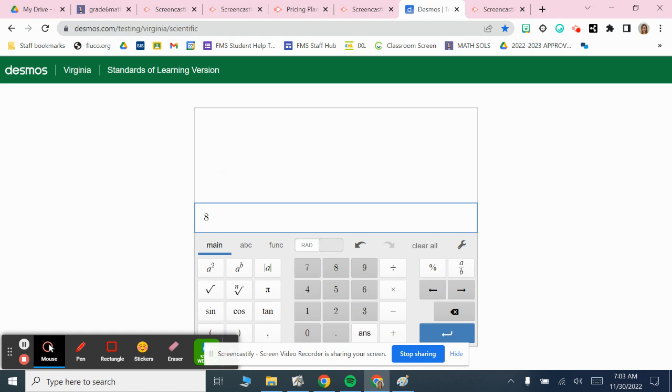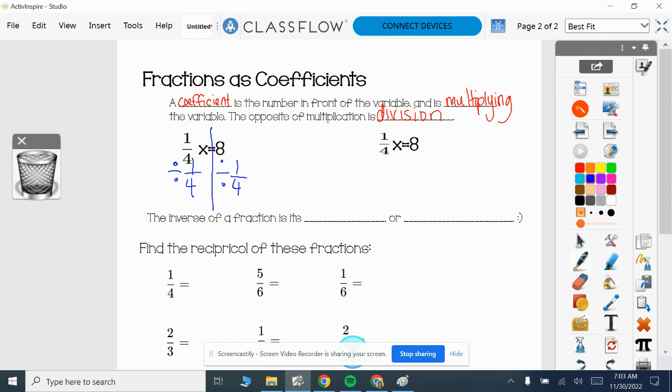So I'm going to do 8 divided by 1/4. And I get x is 32. Do you see how I used division to solve that? Very cool. So x is equal to 32.